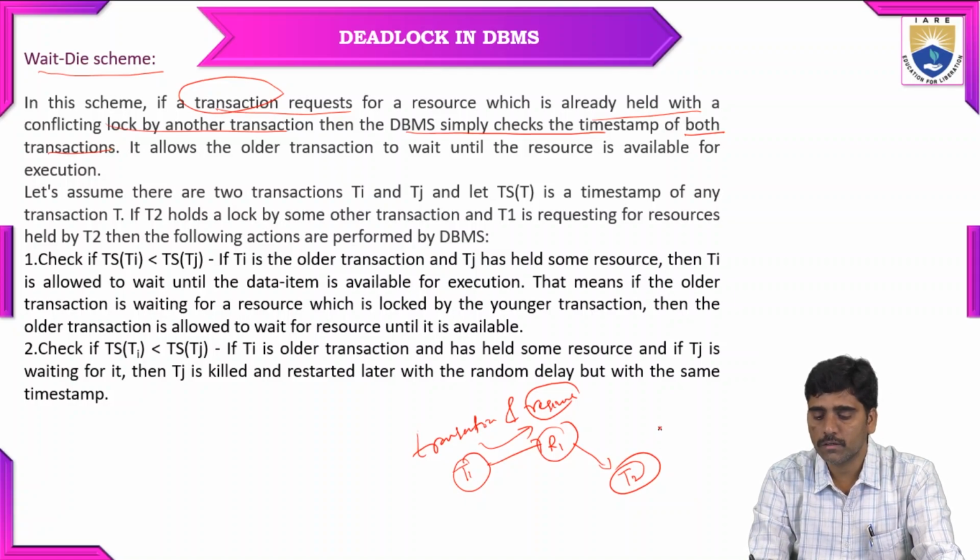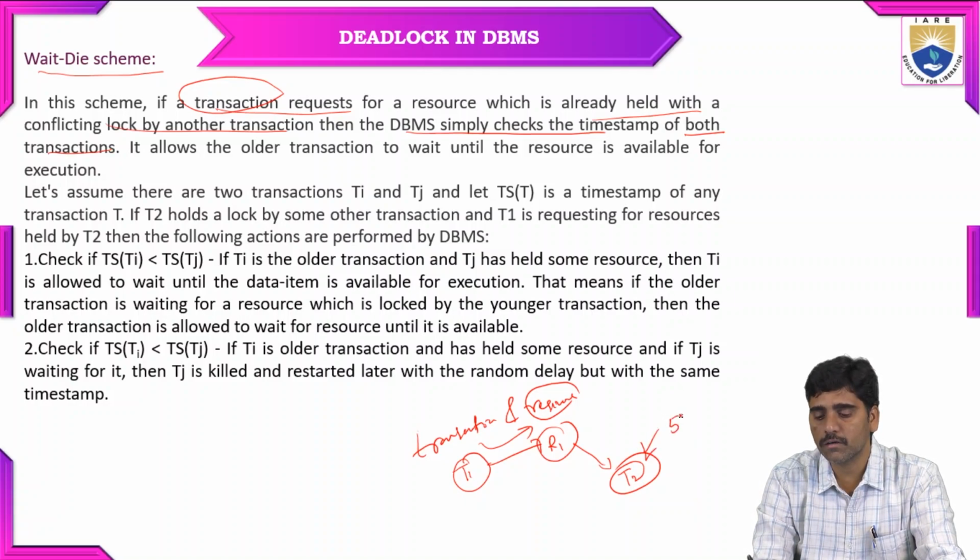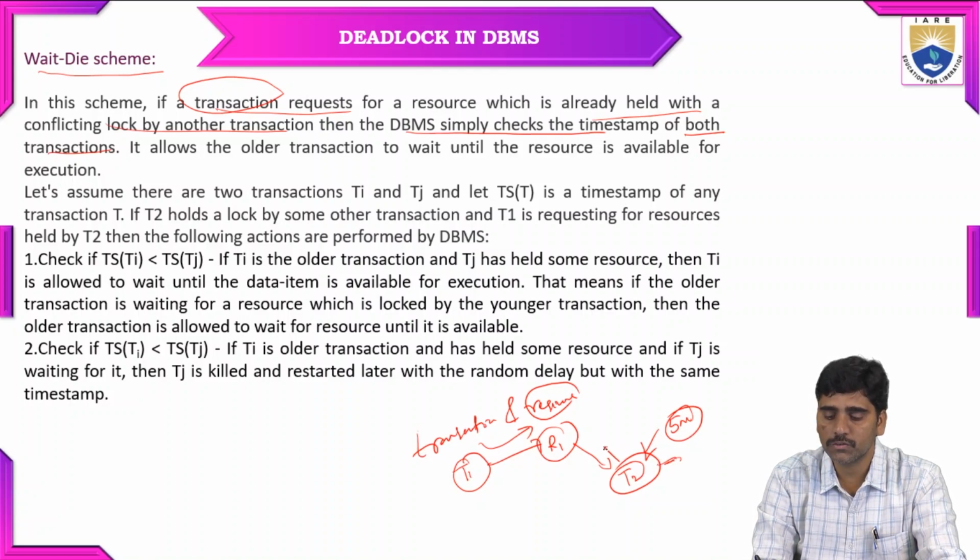That means T2 has to complete the transaction within 5 minutes, and after 5 minutes it should release the resource. Transaction T1 also holds R1 for 5 minutes, and after that it has to release.